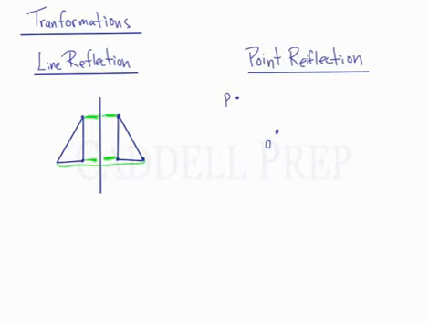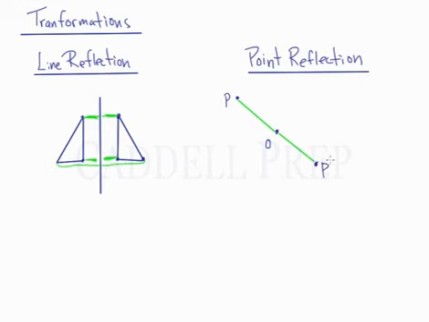For a point reflection, what we're going to do is reflect one point over another point. So again, we'll look at what the distance is from this point to this point. There we have it. And then we continue, make another equal distance on this side of that point. So the new image of this point will end up right here.